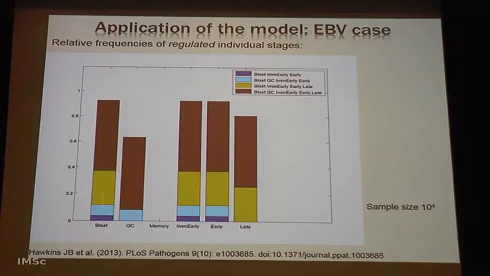And so you can generate statistics like this. And something that is interesting is that you see that the memory stage is never regulated, and that is something that is well known from EBV biology. So people have for a long time believed that the reason why EBV was able to establish a chronic infection is because memory is sort of invisible to the immune system.